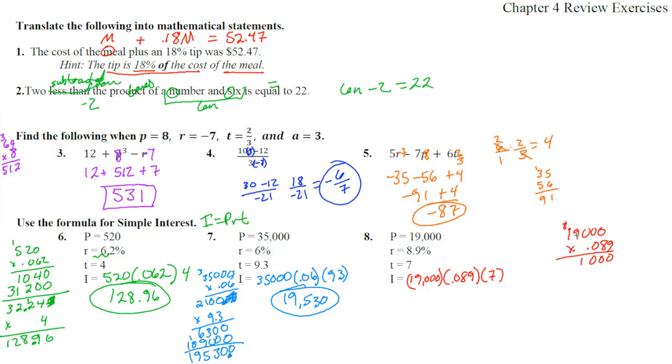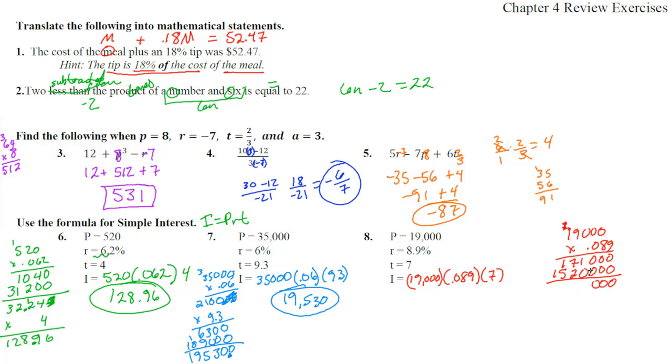Carry the 8. 9 times 1 is 9, plus 8 is 17. Next digit over, we're going to put a 0 there. 8 times 0, 0, 0. 8 times 9 is 72. Carry the 7. 8 times 1 is 8, plus 7 is 15.